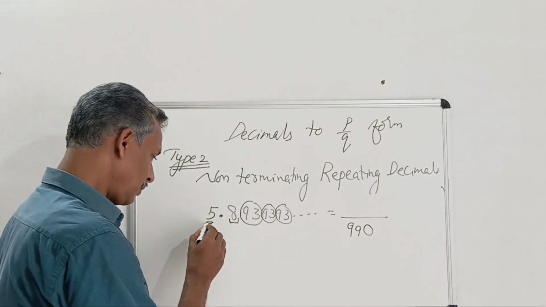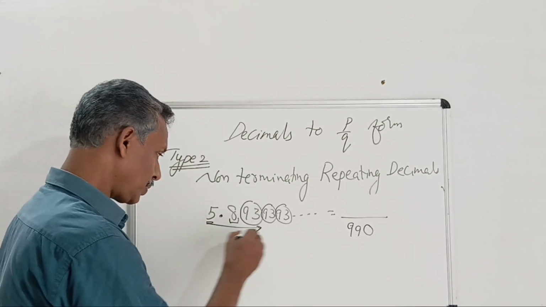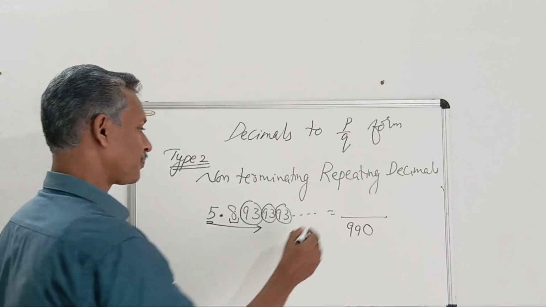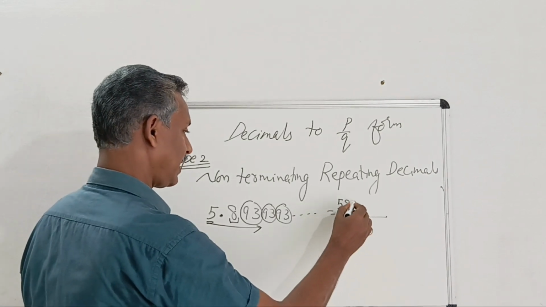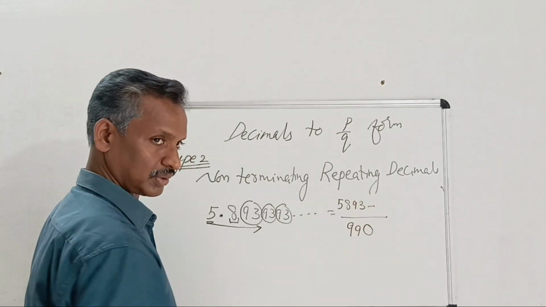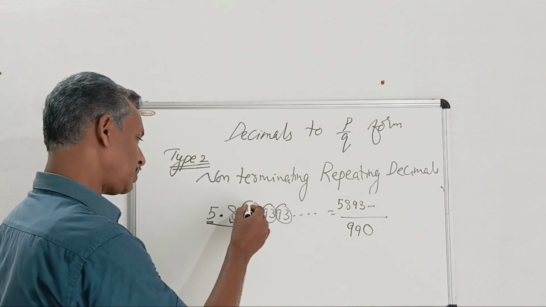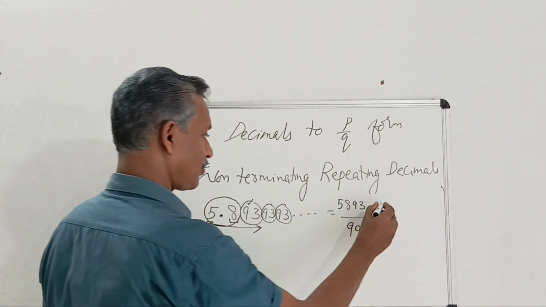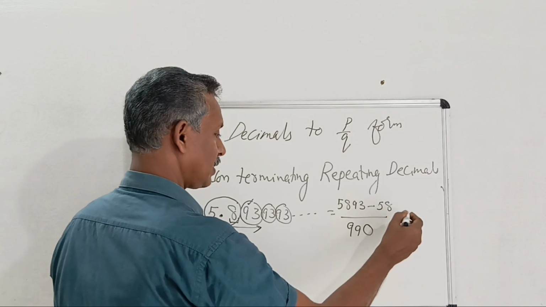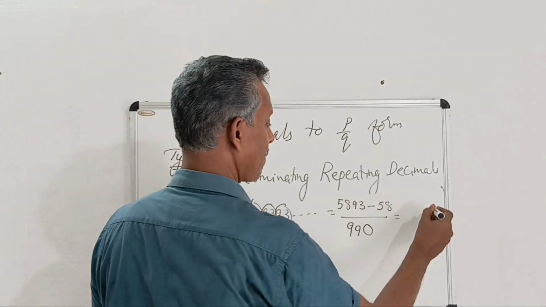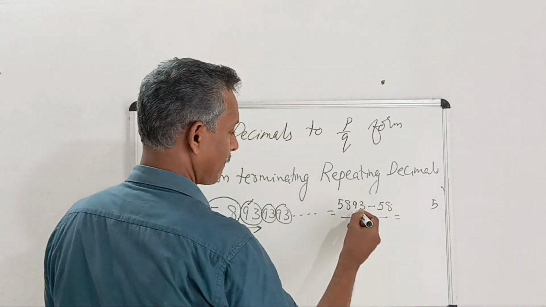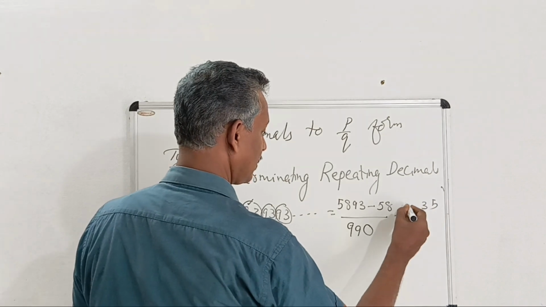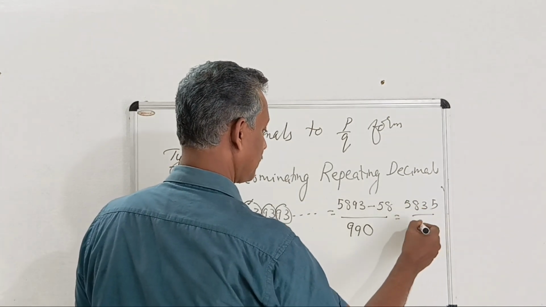From 5 to the first group, you have to write without decimal. 5893 minus what is before this group? It is 58 without decimal, you have to subtract. Then you write, it is 5, then 8 minus 5 is 3, 5835 by 990.